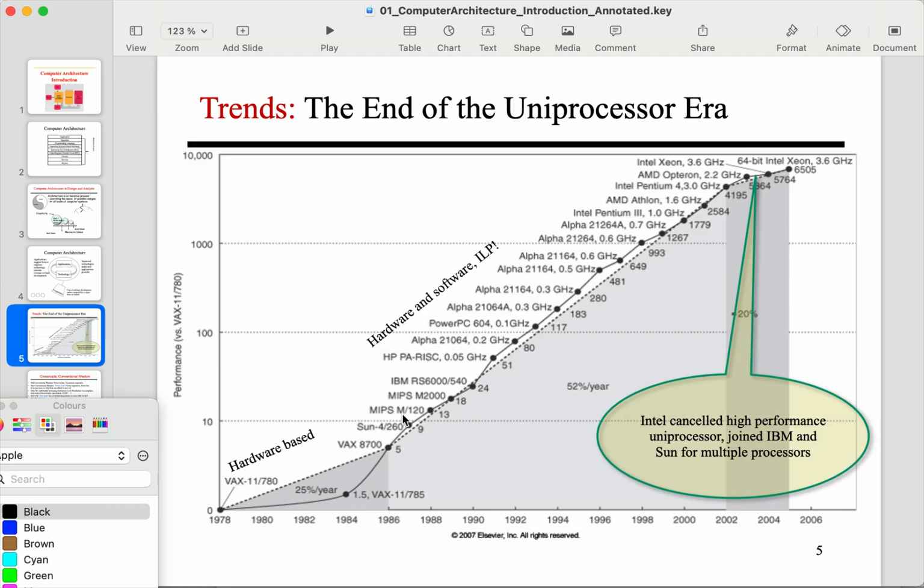The oldest ones were called VAX, then we had Sun, then we had MIPS, then we had Alpha, and now we have Intel Pentium and AMD CPUs.